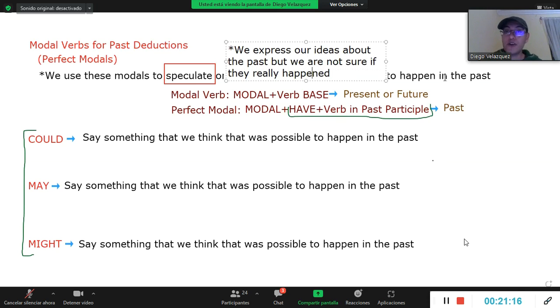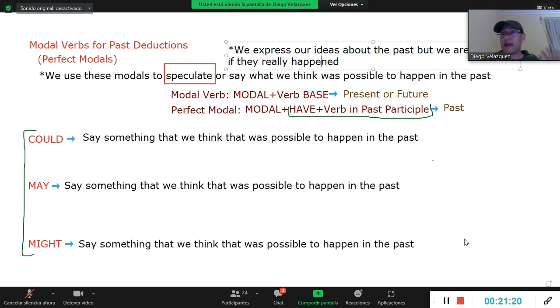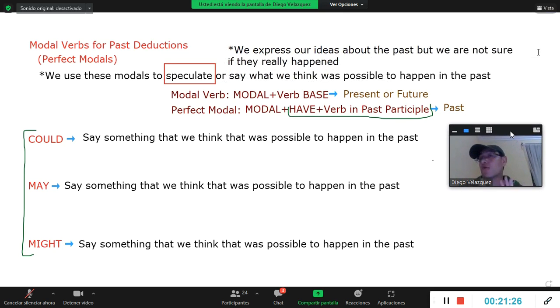Remember that speculation is trying to say or to express ideas that we think happened, but we don't have any guarantee, we don't really have any evidence that this really happened. It's only a personal opinion, okay?